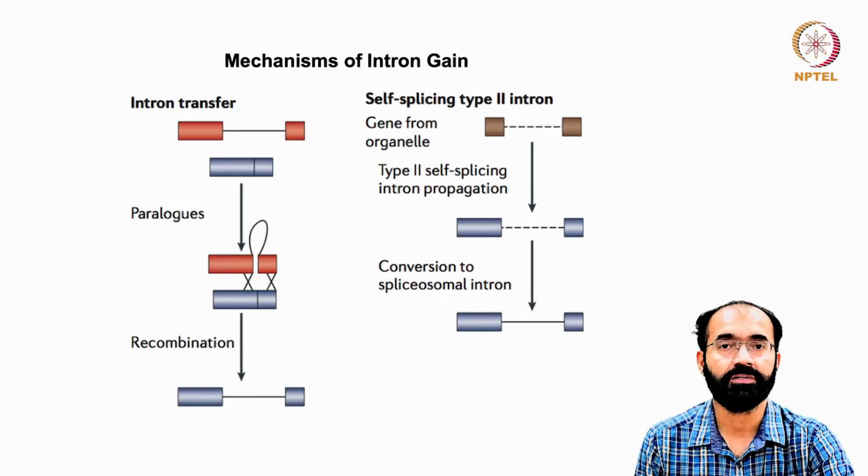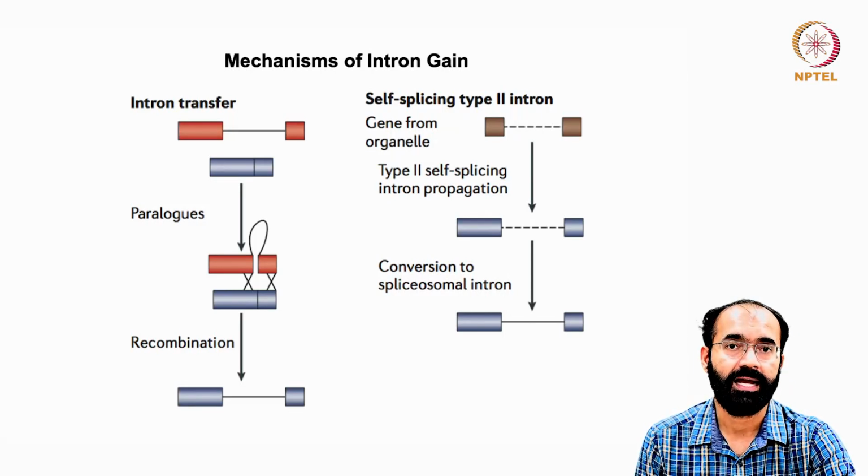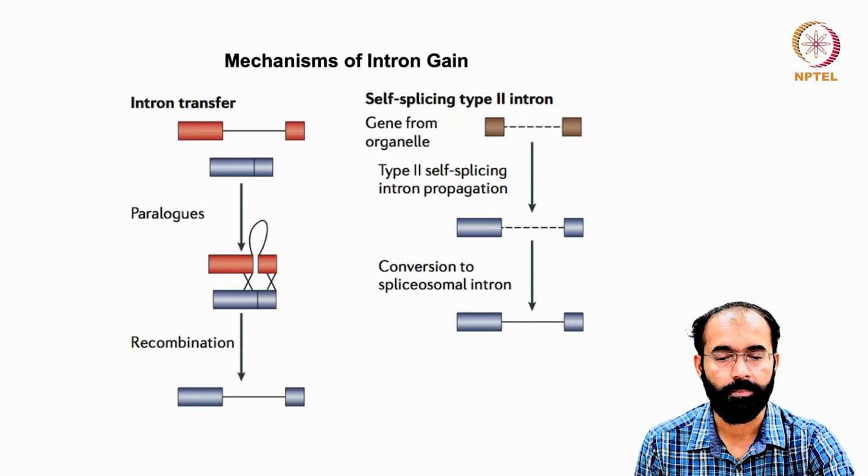Say one paralog has sequence similarity, not identical, to a gene A, and gene A has an intron. Because it has the flanking sequence similar to its paralog, it can always recombine and contribute this intron into that new gene.